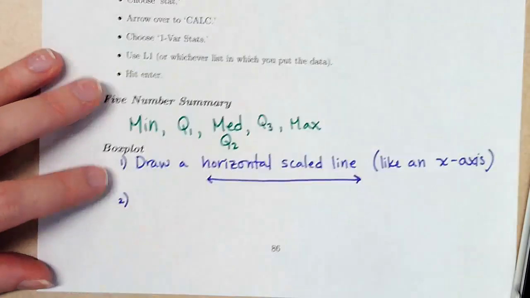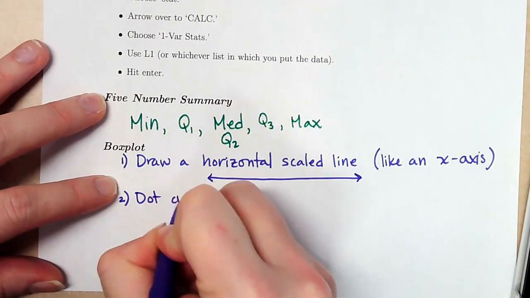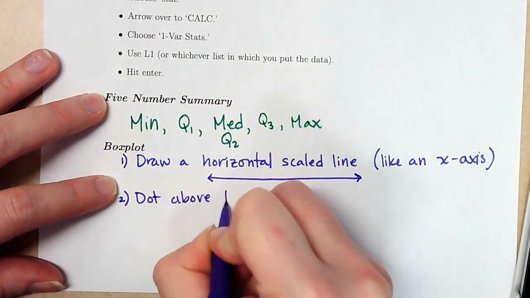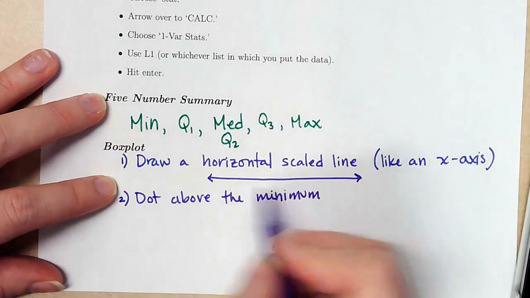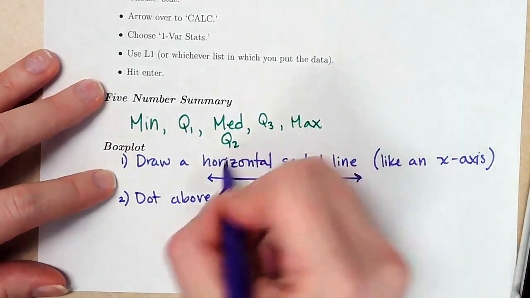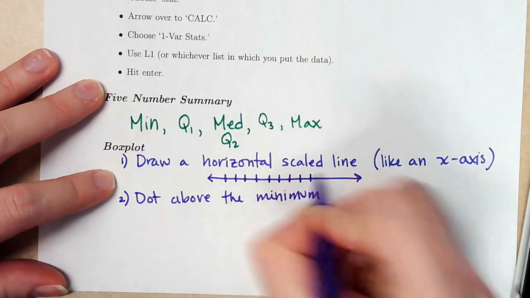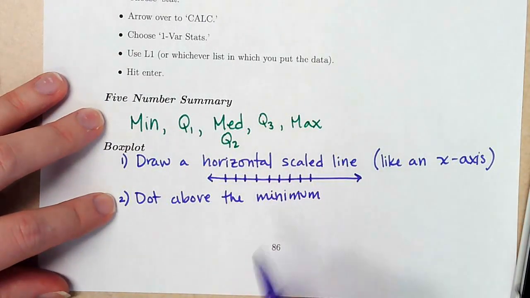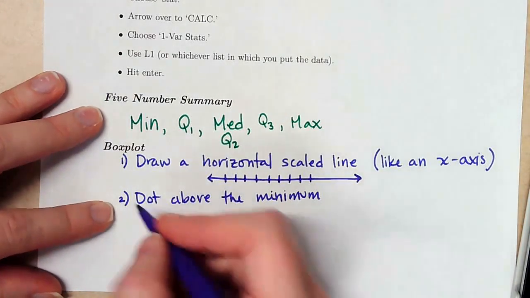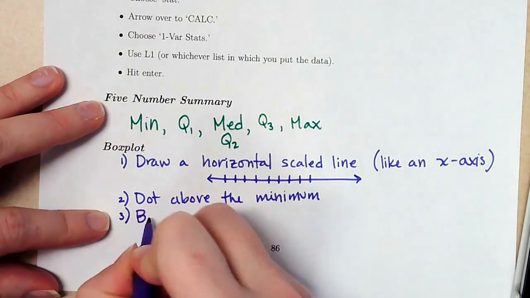And then you put a dot above the minimum. And on this line, I didn't put a scale, but I really do mean like 1, 2, 3, 4, blah, blah. I don't know what you need to count from and to, but that's what I mean by a horizontal scaled line. Dot above the minimum. Okay, you want to include bars, vertical bars.